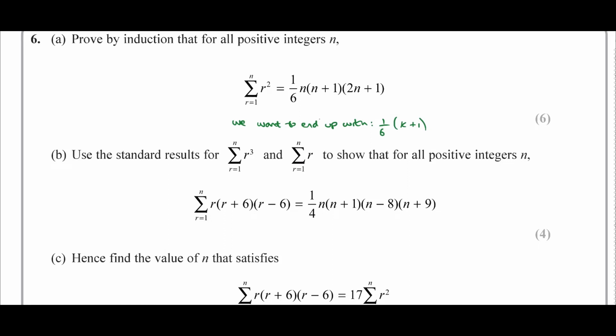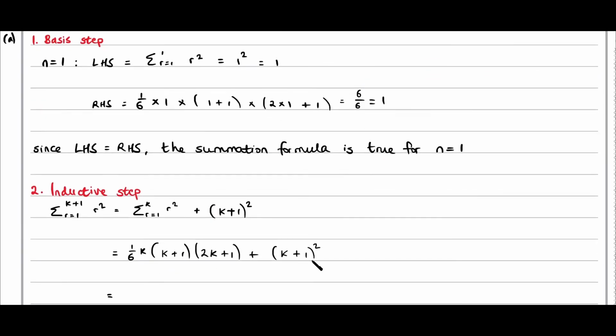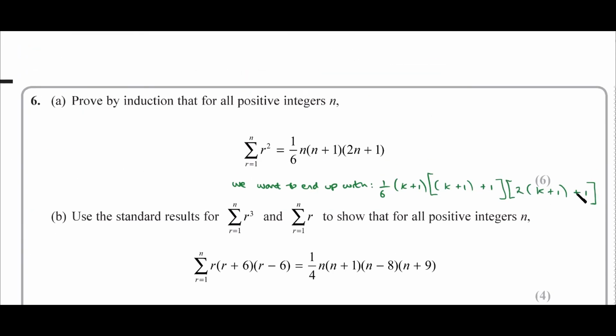So we have 1/6 lots of k plus 1, lots of k plus 1 plus 1, lots of 2 lots of k plus 1 plus 1. This is our end goal. So we need to somehow show that this thing over here is the same as this bit in green, which I've just written down.